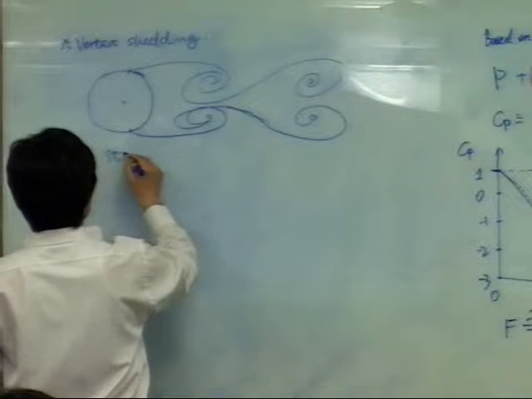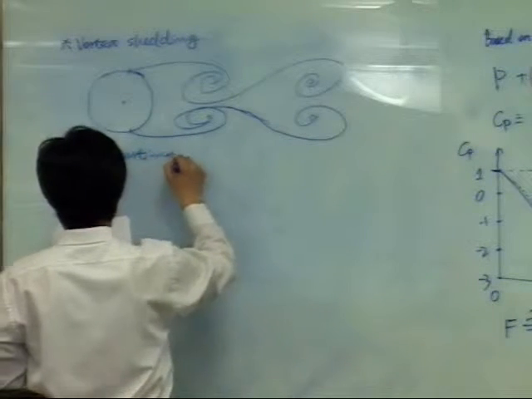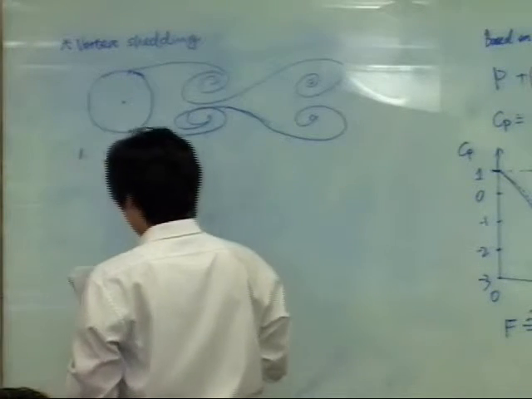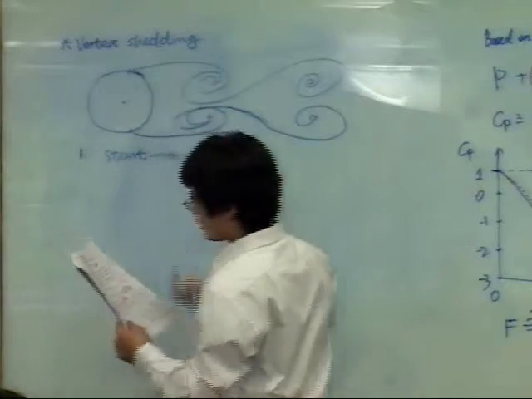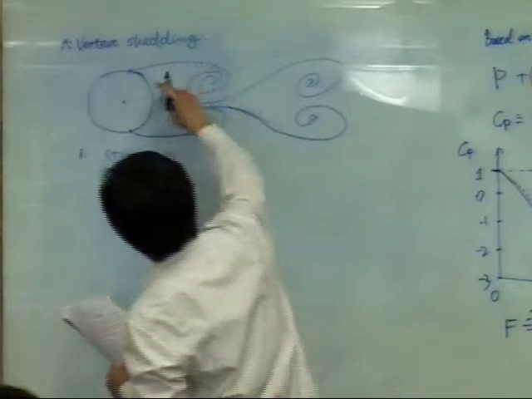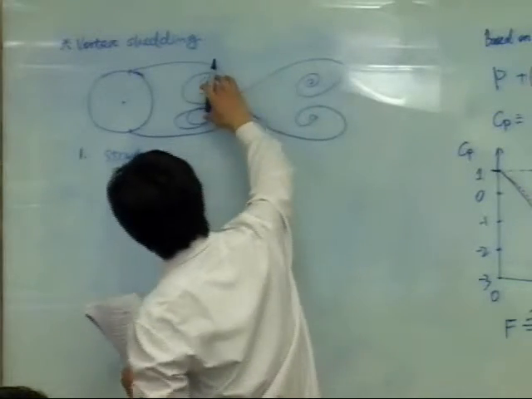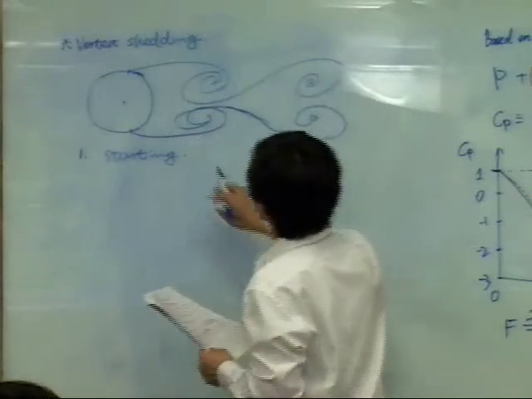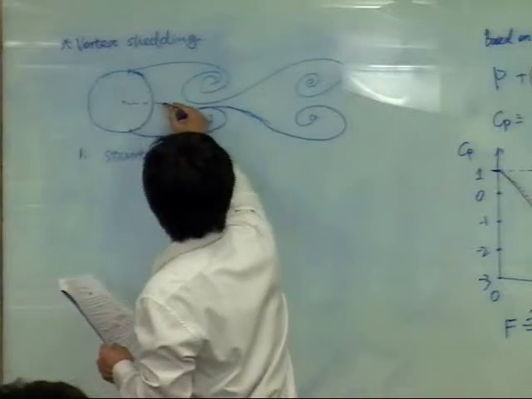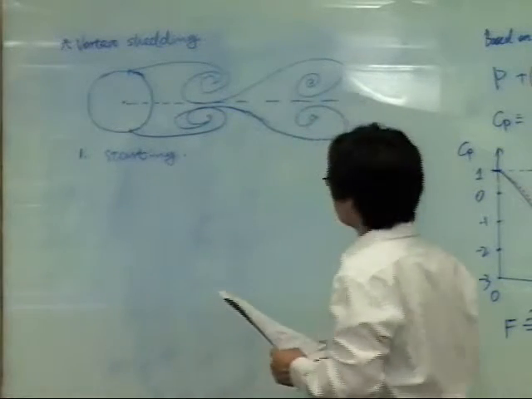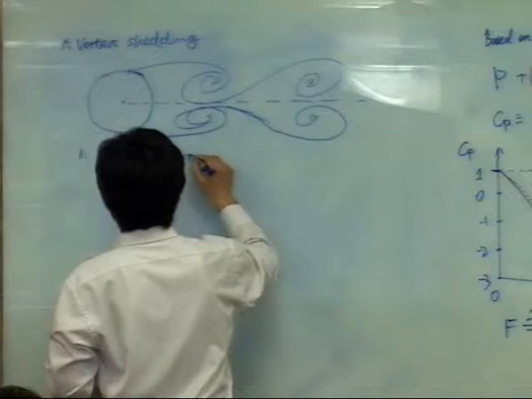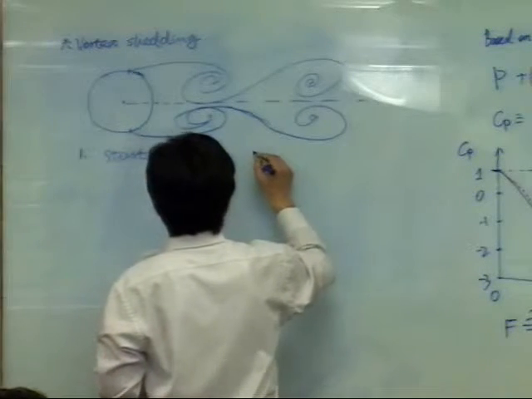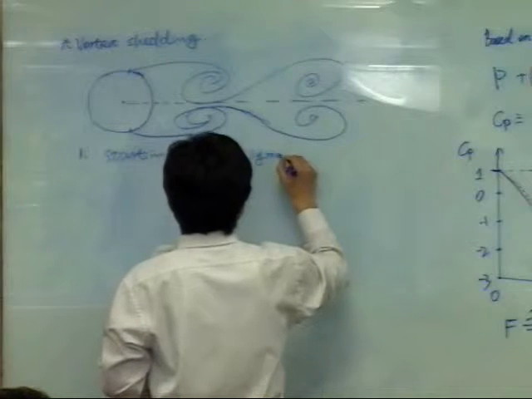In the starting stage of this vortex shedding, a symmetric wake develops. That means the two vortices here and here are symmetric.